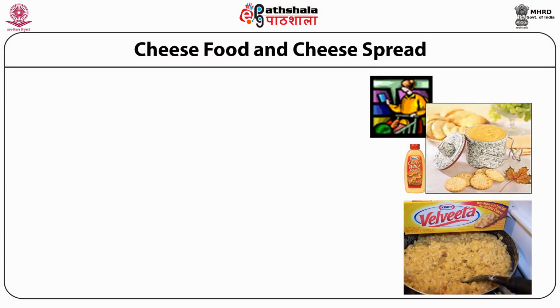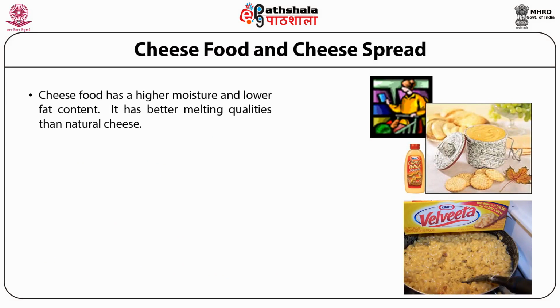Now we come to a second type of cheese available in the market, that is cheese spread and cheese food. Cheese spread has a higher moisture and low fat content.